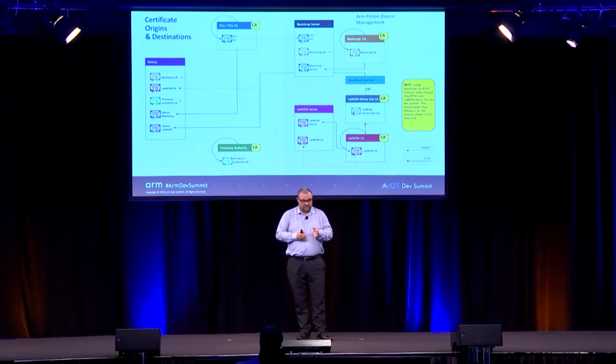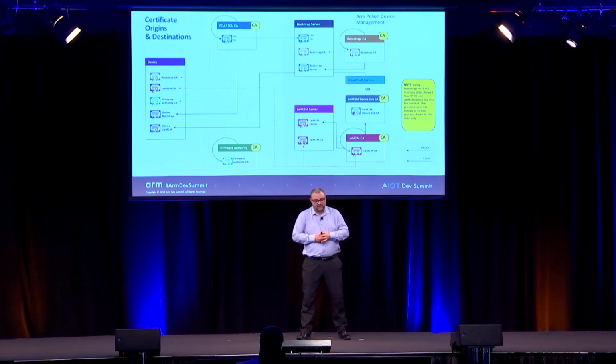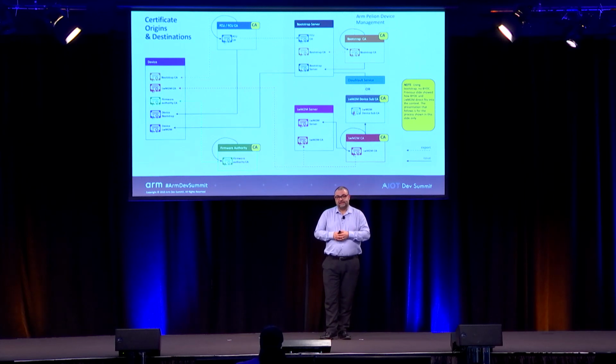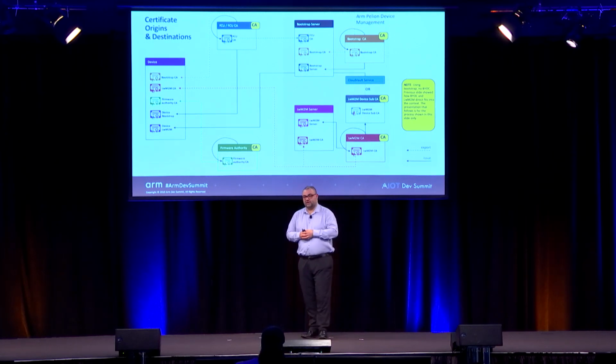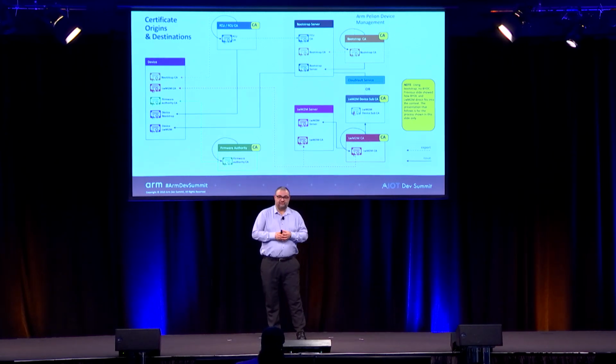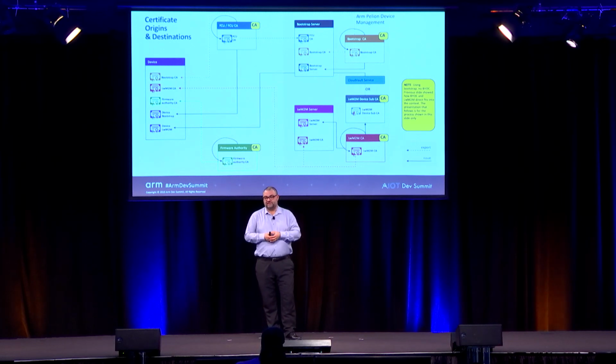At the bottom in the middle, there is a firmware authority machine or a CA. And that is something that's going to be run at your office, wherever your developers are, your firmware developers. So a firmware developer will be writing a new version of the firmware, something that needs to go on the device. And the device then needs to be able to figure out somehow whether this is a legitimate update or if this is somebody trying to hack into it.